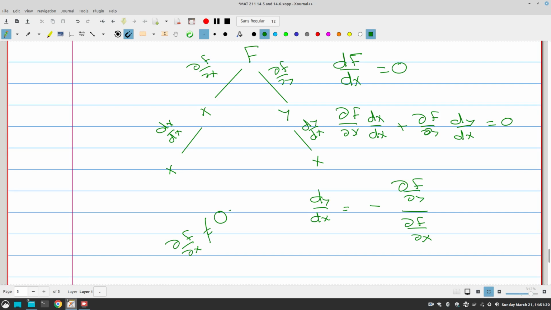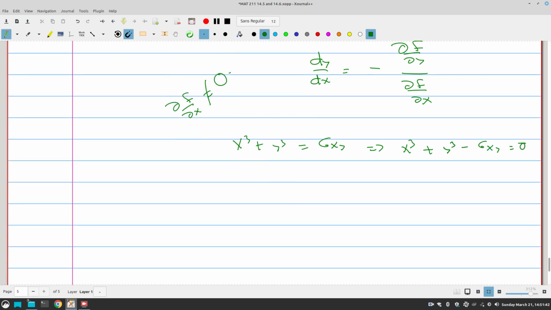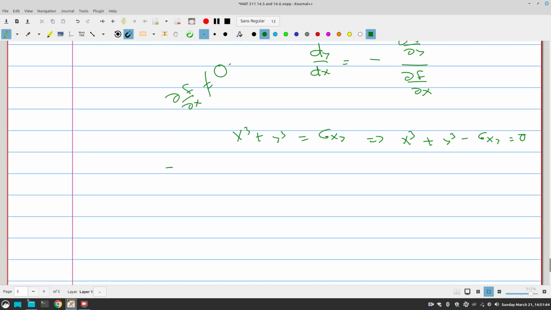For example, if you have x cubed plus y cubed equals 6xy, then of course we have x cubed plus y cubed minus 6xy equals 0. So capital F of x, y in this case is given by x cubed plus y cubed minus 6xy.